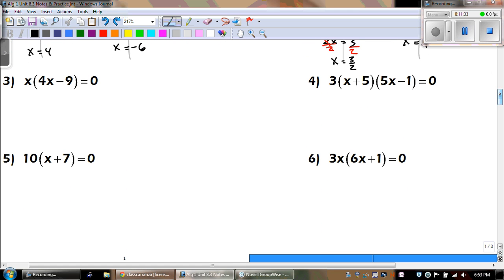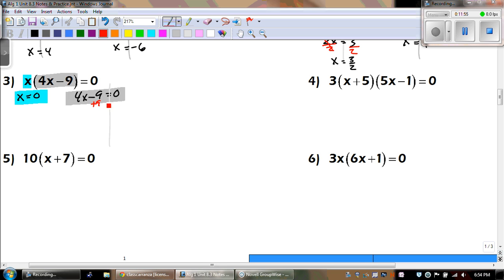Let's move on to 3. Okay? We have our two equations, so I'm going to set both of them equal to 0. So in the blue, we only write the variable, x equals 0. Well, hey, I'm done. It's solved. And now we have the 4x minus 9 equal to 0. So that's going to be a little bit more work.